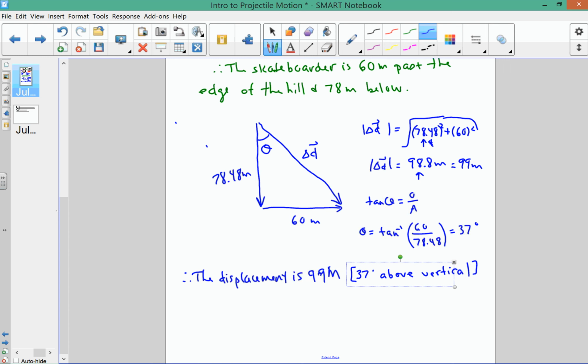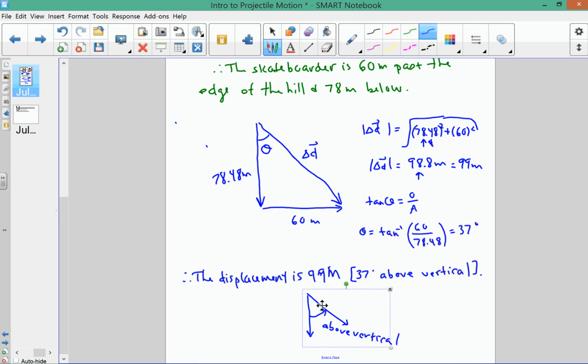Here's why I'm describing it that way. Here's vertical. Here's above vertical. If something is above a vertical pointing down, I can say above vertical. That pretty completely describes its position in a horizontal vertical plane. That's it. That's the question.